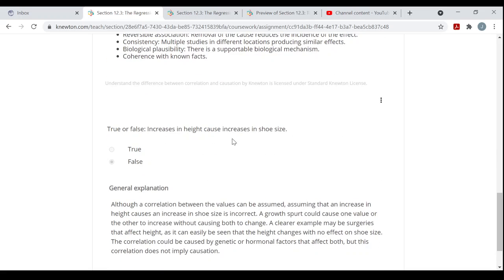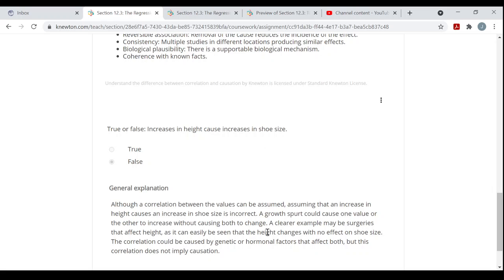So their first example here is, true or false, increases in height cause increases in shoe size. Now they may be related. You might think, yeah, an increase in height is associated with an increase in shoe size. Usually taller people have larger feet. But that does not mean that one causes the other to happen.